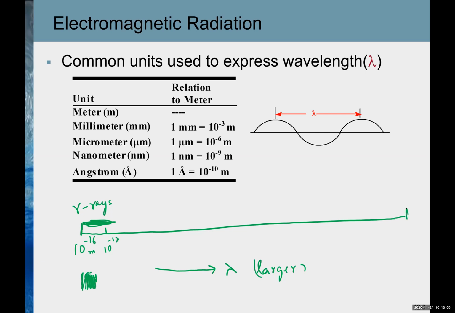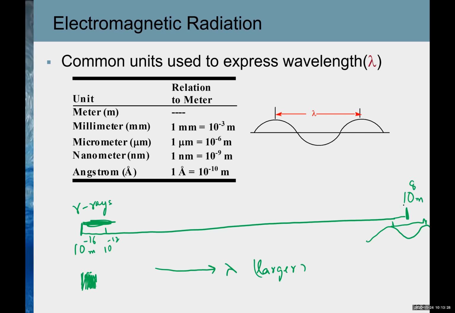On the extreme end of the spectrum, we get the largest wavelength. It means the waves there are extremely large. The distance between the two peaks is extremely large. I'm talking about 10 to the positive 8 meters. It's extremely large.